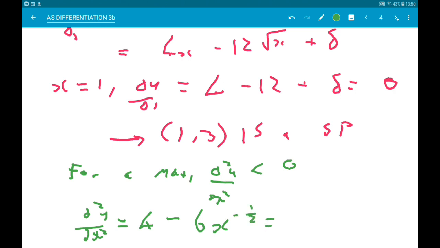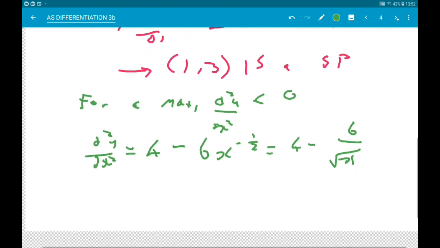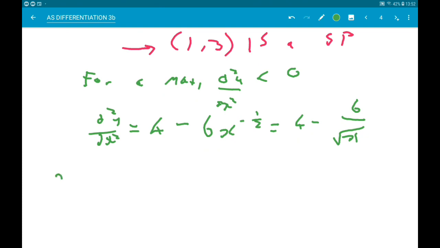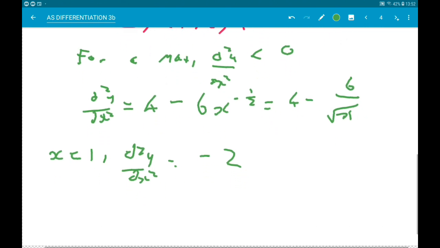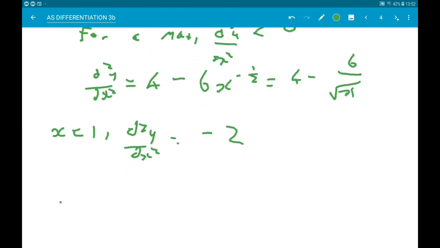Which we can write as 4 minus 6 over root x. So when x is 1, the second derivative is going to be 4 minus 6, which is minus 2. So we've checked everything. Now we should finish by saying, therefore, 1, 3 is a maximum.